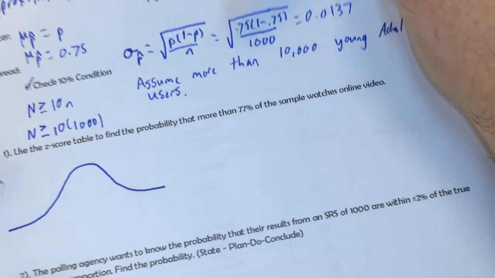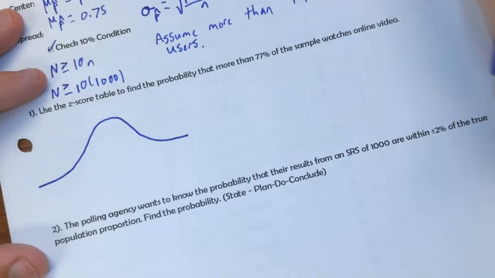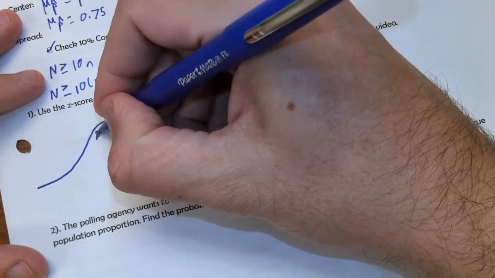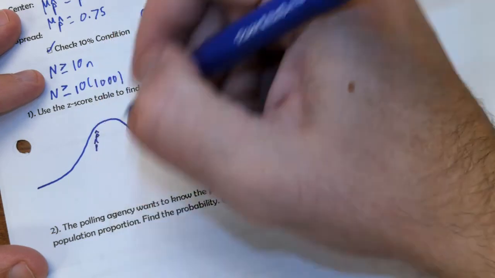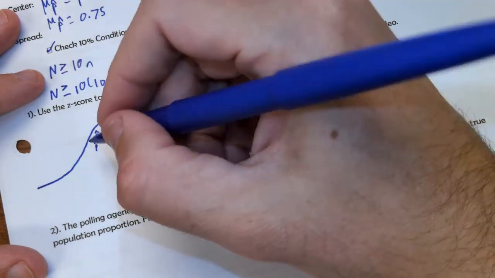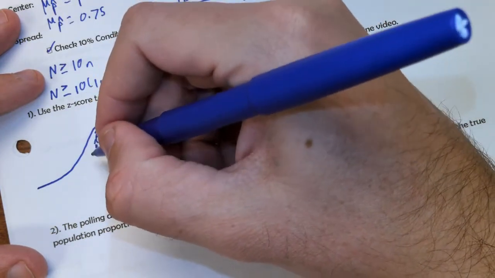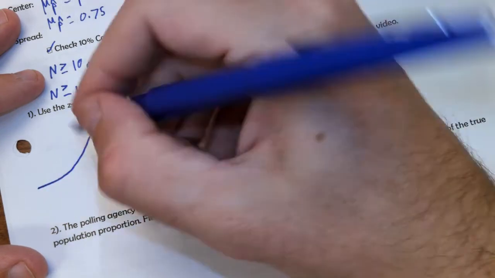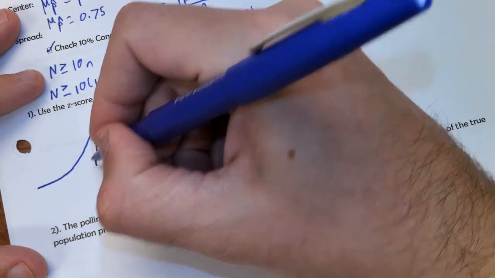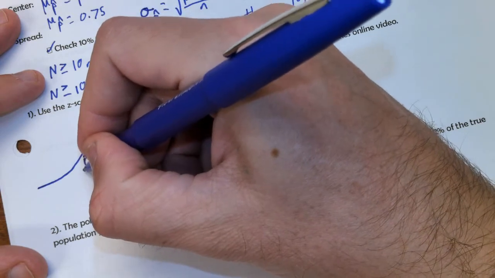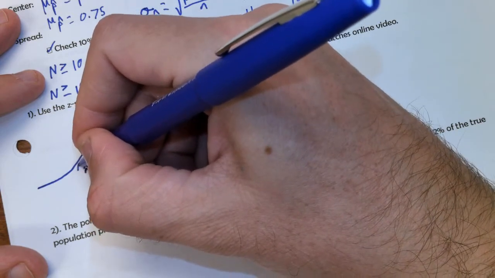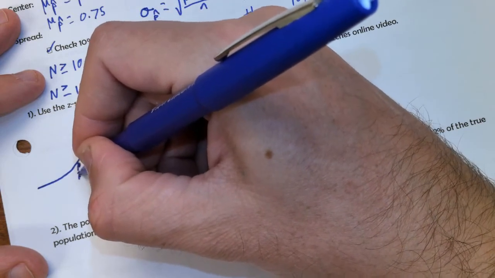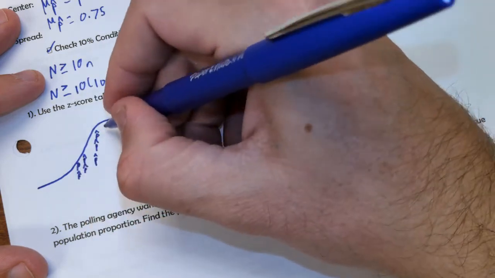Okay. So again, what's being shown here? Well, these are every single possible p hat, right? For our population distribution, it would be every single person, right? Here, these are all the possible p hats. I could choose this p hat, I could choose this p hat, I could choose this p hat.